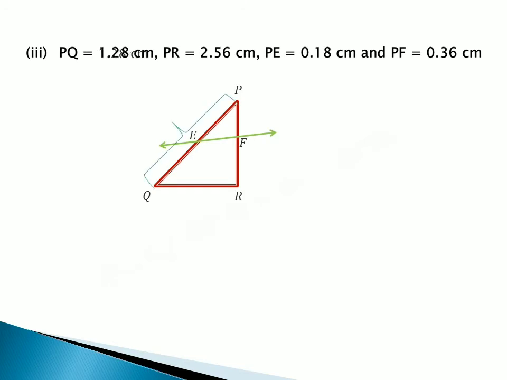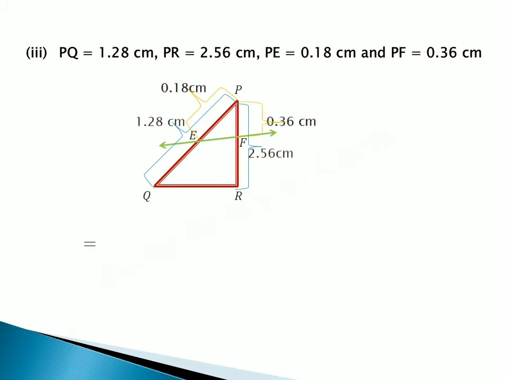Third problem. You have to note all the given items. Here they have given PQ and here also PR they have given, and PE, PF.